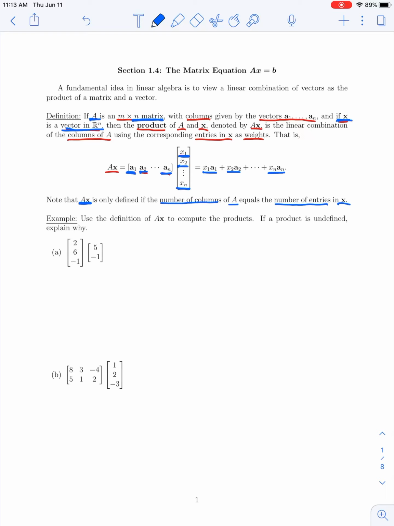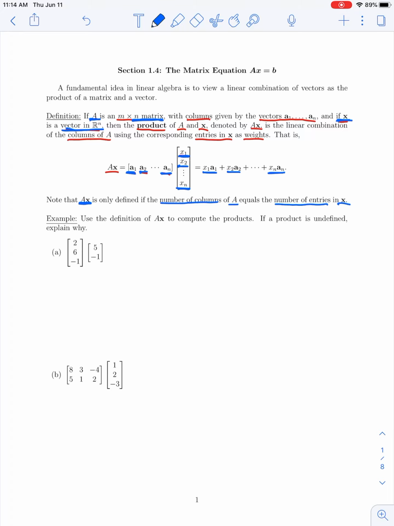Okay. So now that we know how to multiply a matrix by a vector, let's look at some examples. So in this first example, we are told to use this definition of A times X to compute the following products, and if a product would be undefined, we need to explain why.